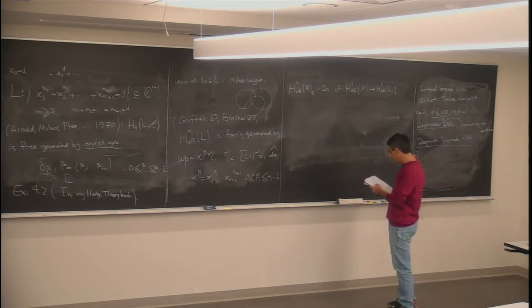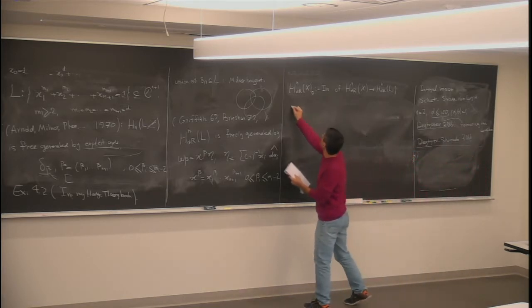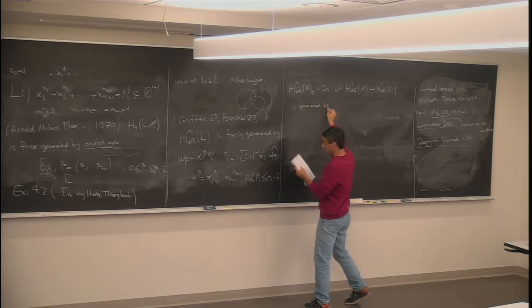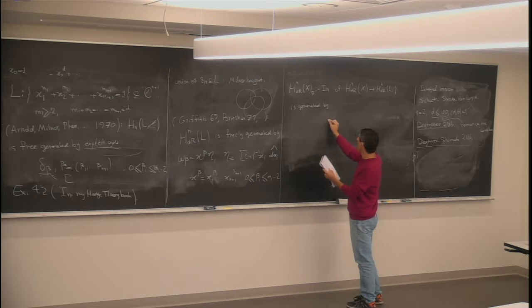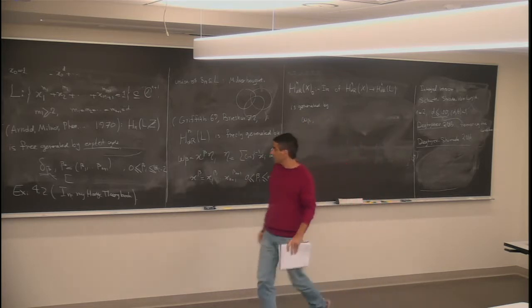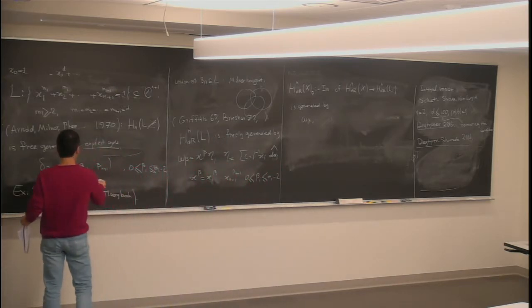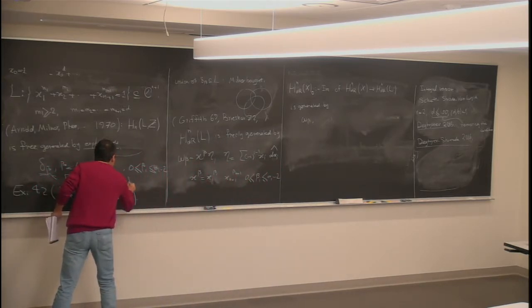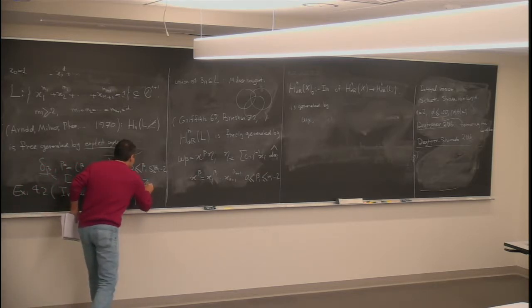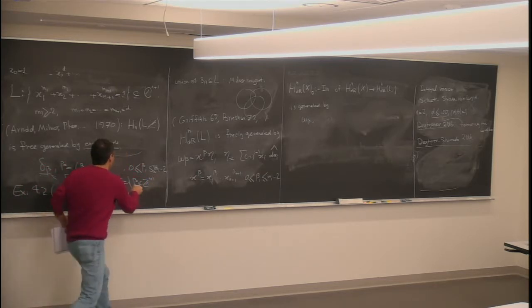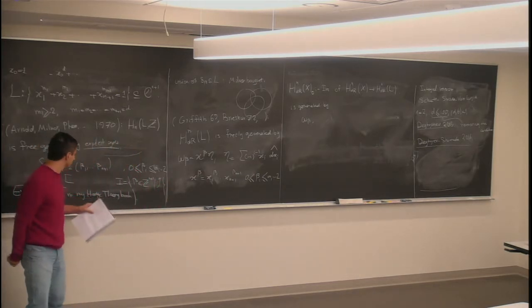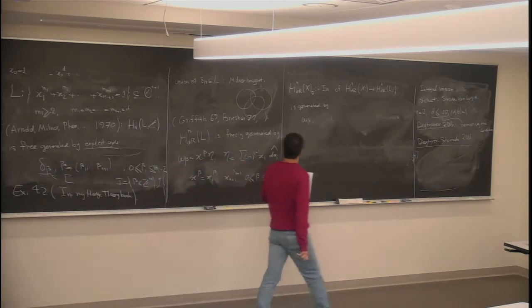Let me say it is generated by omega beta. So maybe something I will introduce, let's say I will be all these betas in Z^(n+1) with this condition. So this will be the set of my indices.